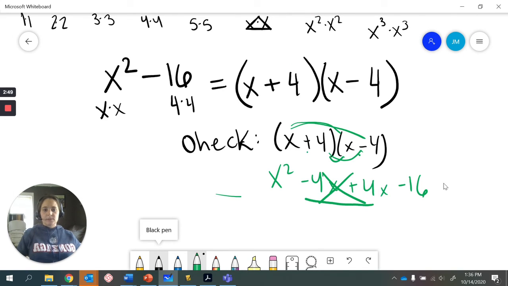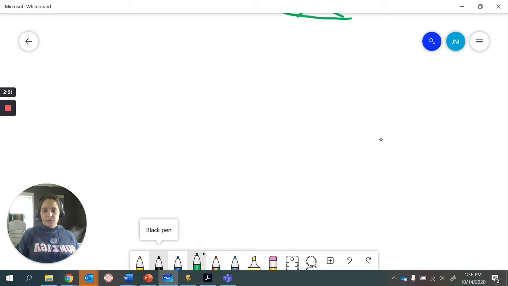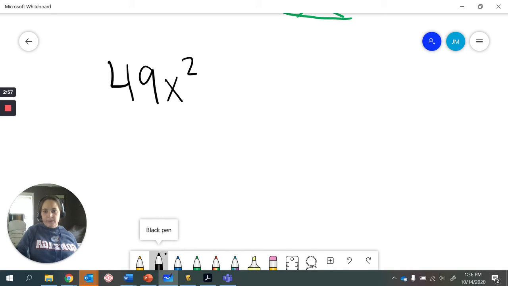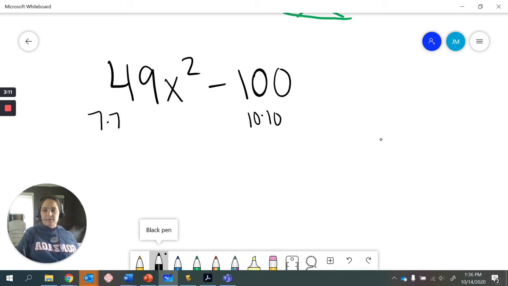Let's move down here. Let's do, how about 49 x squared minus 100. Okay, so we have a difference, it is subtraction, and we have a perfect square in 100 because 10 times 10 is 100. We have a perfect square in 49 because 7 times 7 is 49, and a perfect square in x squared.